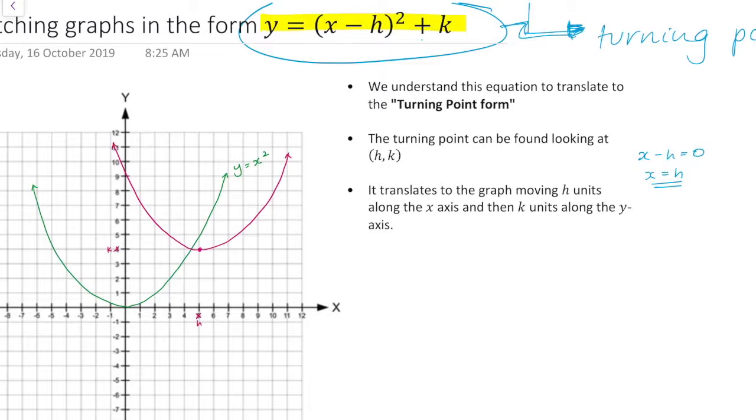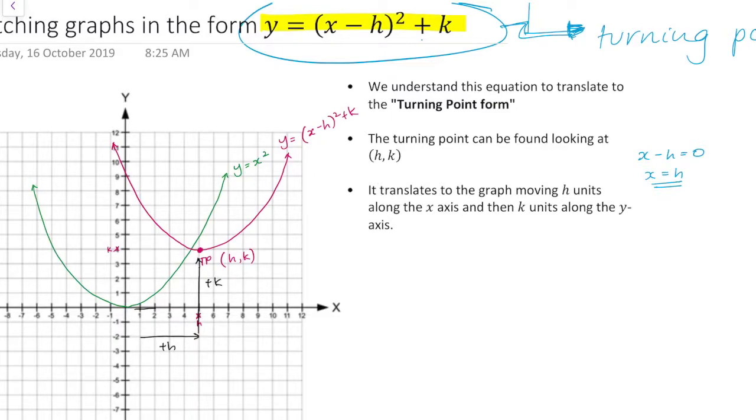Right, so now what I've sketched here is y equals x minus h all squared plus k. So our turning point here is now h, k, and what this means for us is that the graph has moved from the green to the pink. It's moved h units across, and then it's had a vertical shift of k units up.